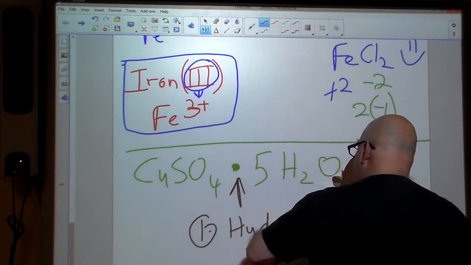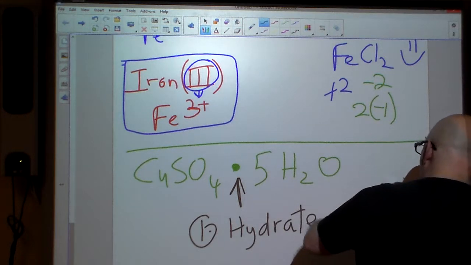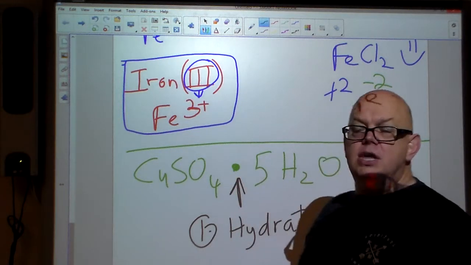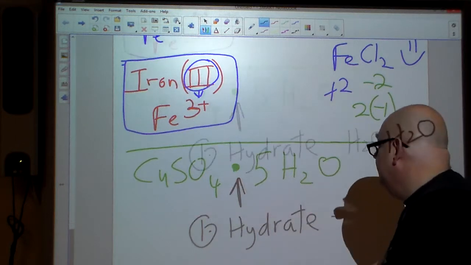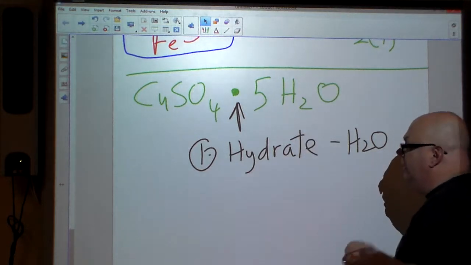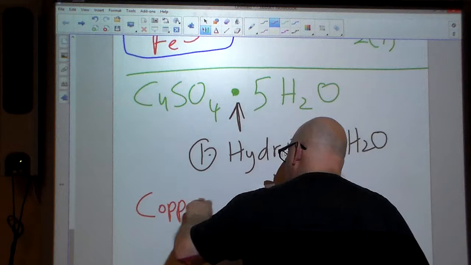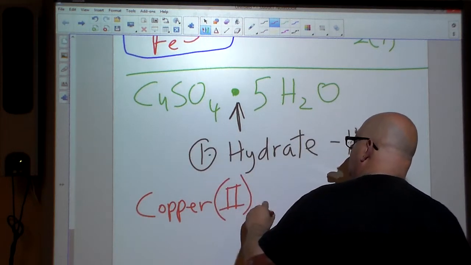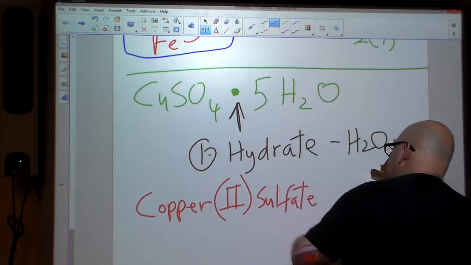This compound is a hydrate. That's the first thing. That means water has talked and hooked up with the CuSO4. Now in this case here, we got 5 of them. All right? Now, I'm going to go ahead and give you the formula, the name of the thing. It is, in fact, copper 2, because it's a +2 charge, sulfate.